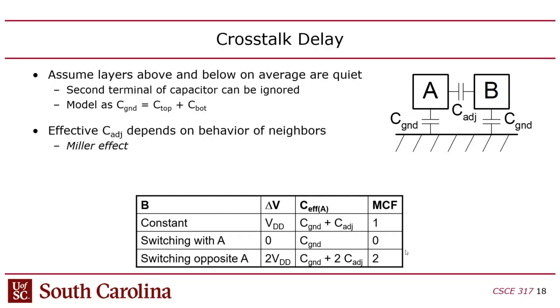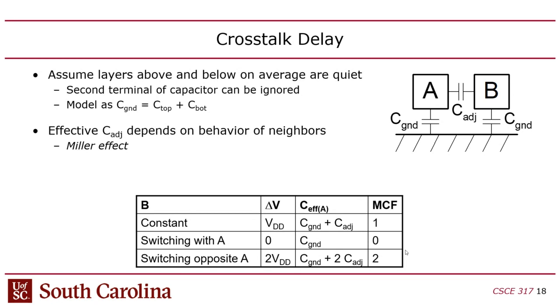I want to clarify this. I did not explain this correctly in the last lecture. I think in the last lecture I implied that this had to do with crosstalk, and I didn't mean to do that. This is just delay.